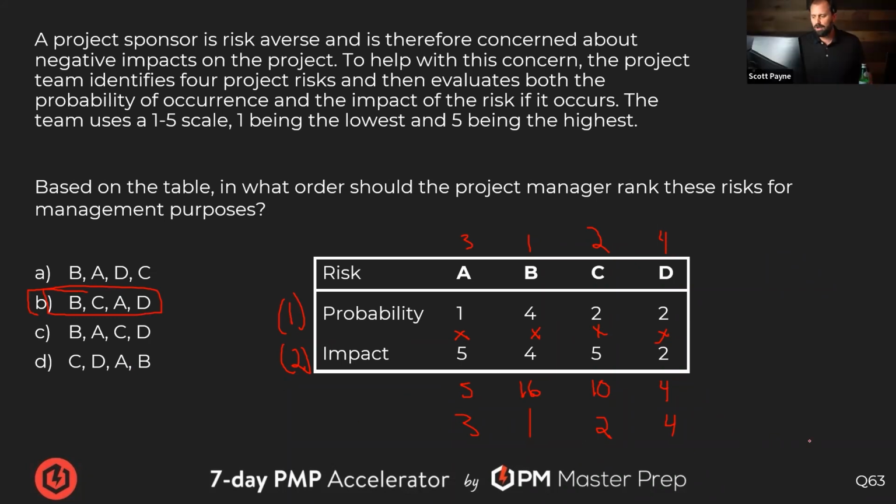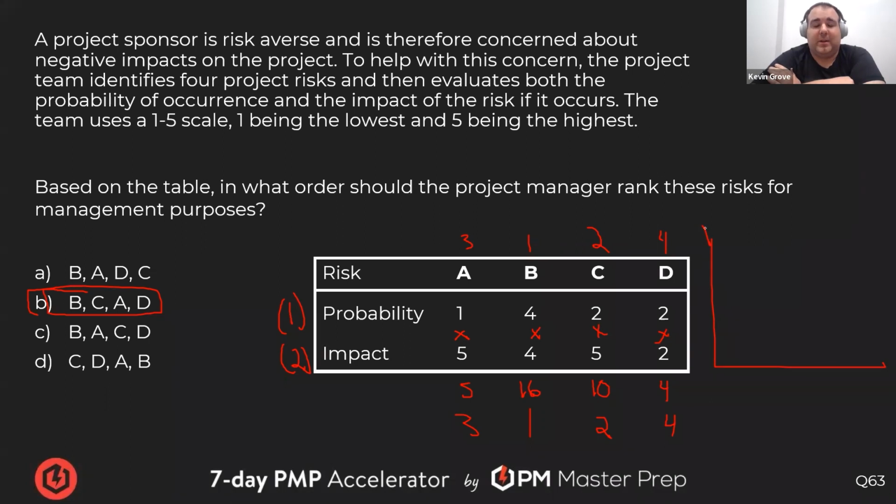Kevin, when you think through this, how do you make sense of it? What's the logic? I think about the probability impact matrix, and how I condensed it in my mind is basically a sum product of the function of the probability versus the impact.